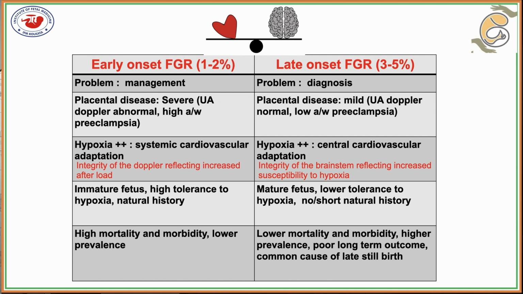Also, one important thing to understand is that FGR is a very heterogeneous group. As I showed you, it may have multiple causes, and that's why not all FGRs will behave in a similar manner. They will follow the steps, but some will deteriorate a little faster, some will maintain a plateau for a longer period of time. So there is a different way the fetus reacts.